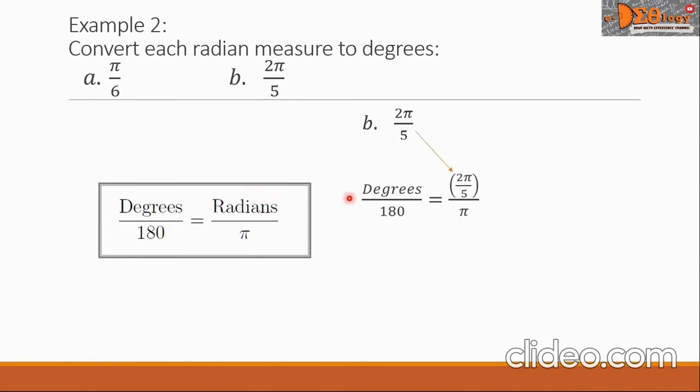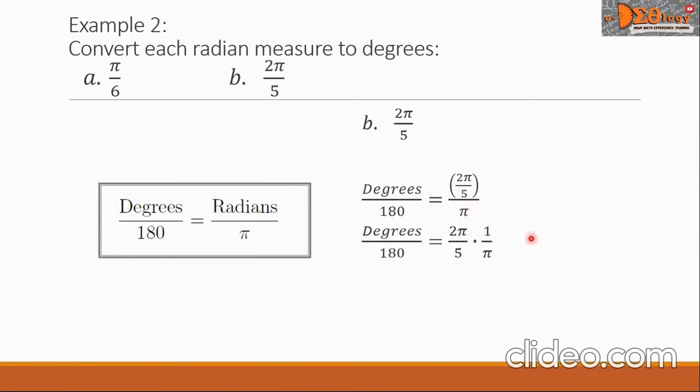So we have now degrees over 180 equals the 2 pi over 5 all over pi. Then we will simplify. We have here a complex fraction. So we will have to write it again into the 2 pi over 5 times, we will flip this pi into 1 over pi.